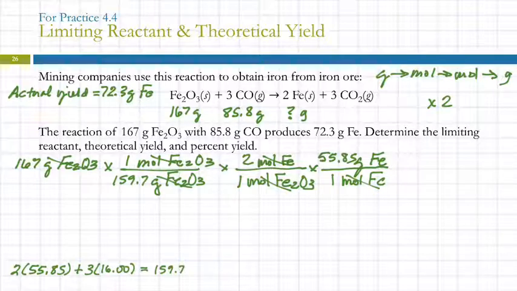So 167 divided by 159.7 times 2 times 55.85. This is also going to have 3 significant figures. I'm getting 116, and I'm going to write down 2 extras.